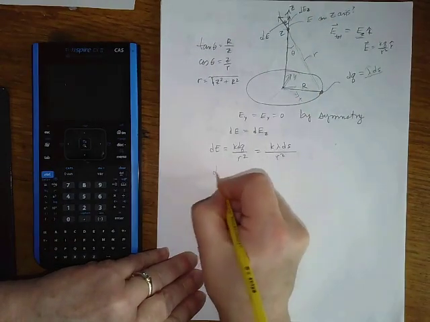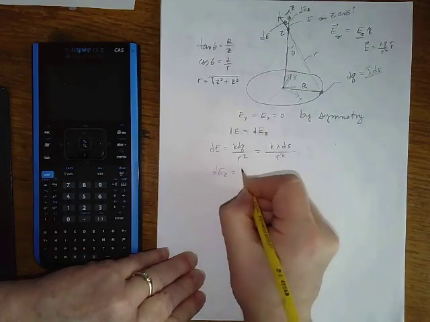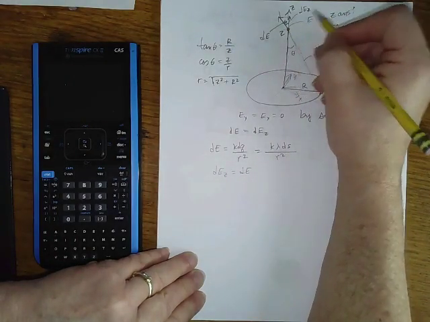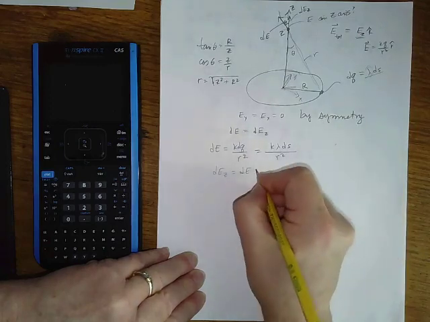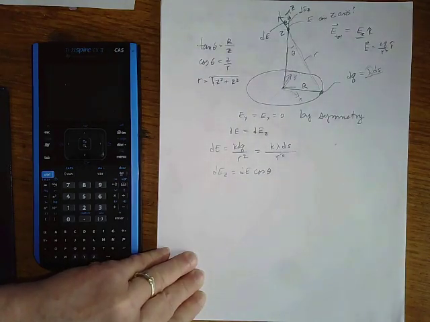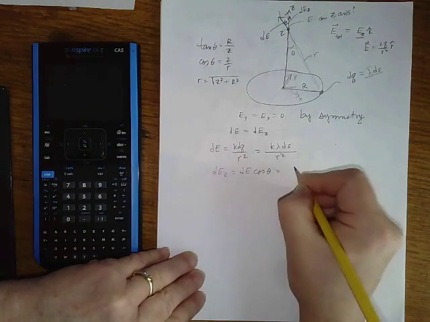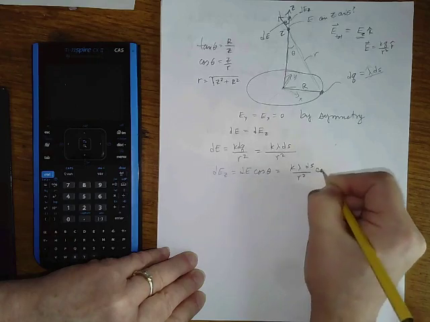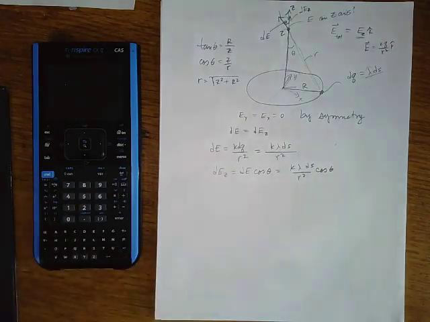And so if we want dEz, it's going to be dE, and then again, is it sine or cosine? Cosine. Good job. So dE cosine theta. And so that becomes k lambda ds over r squared cosine theta for our dE sub z.